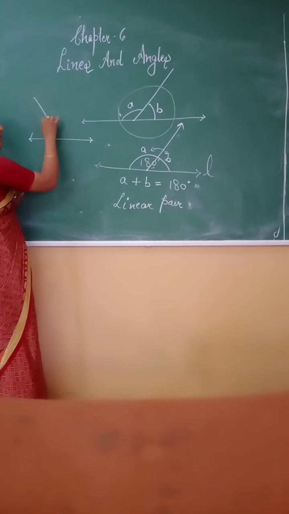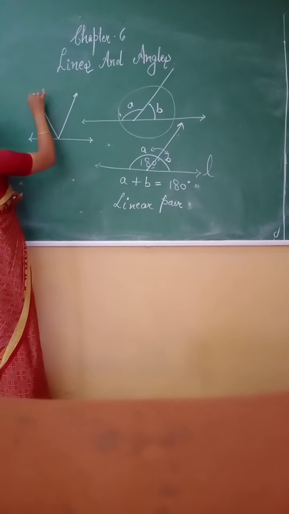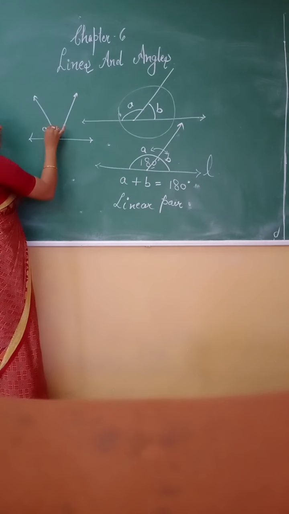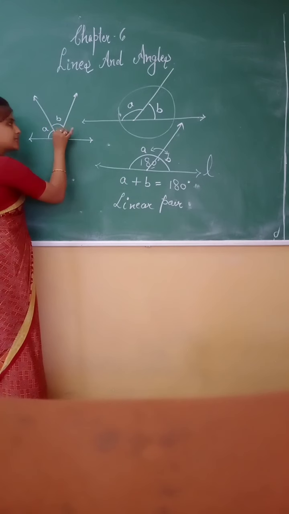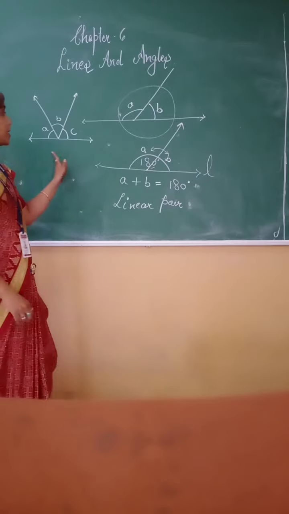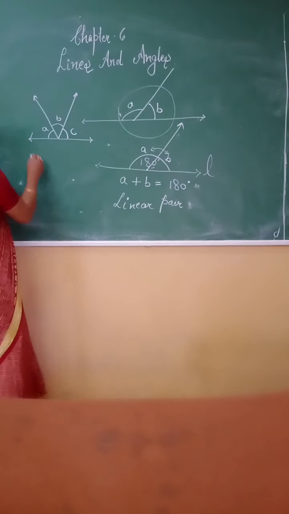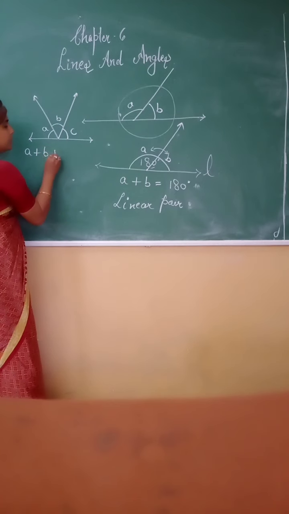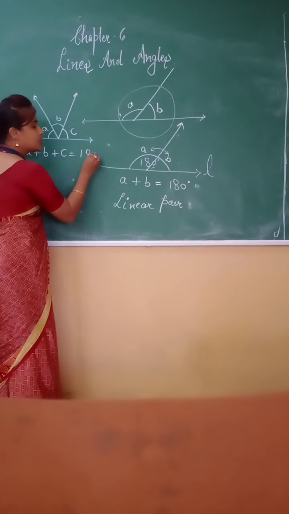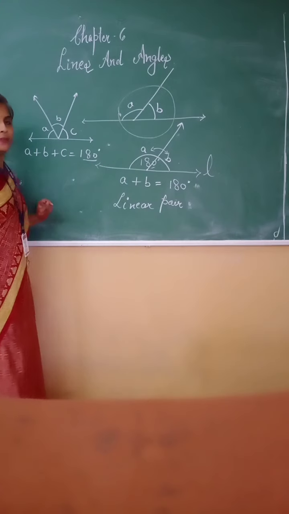Or else, if the same line gets divided into three parts, suppose this is a line and I divide this line into three parts, that is angle A, angle B and angle C, then what is the relation for these three angles? Again it is the same, the sum of all these three will be equal to 180 degrees.